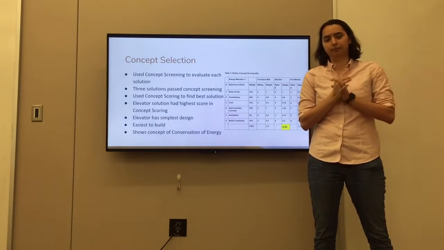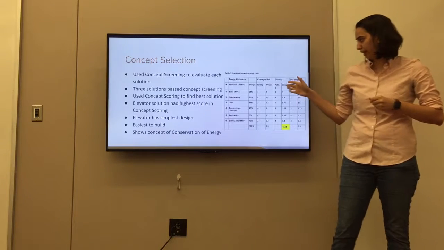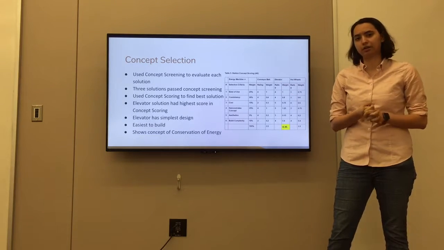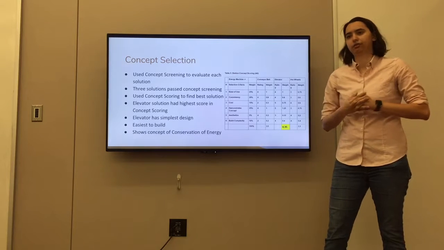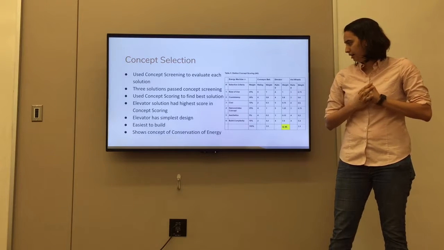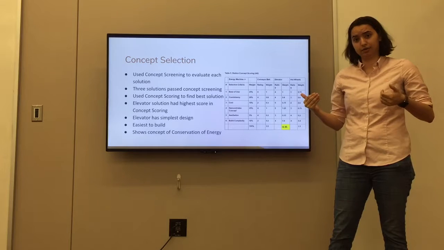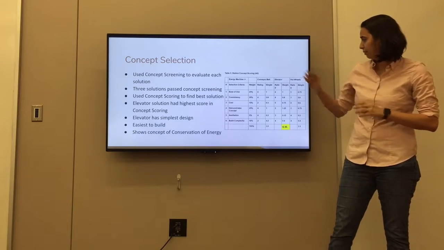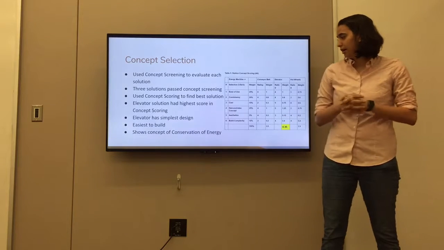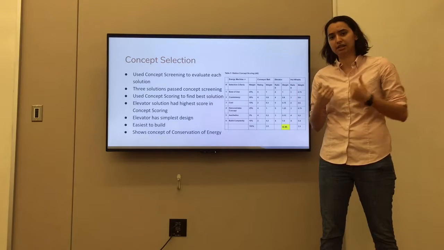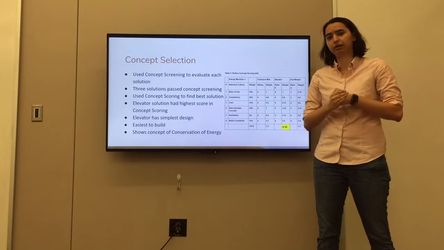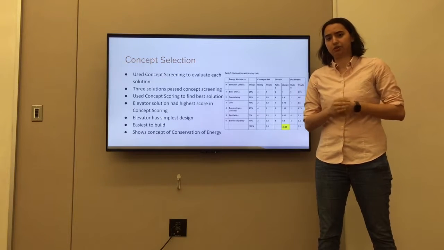We then did the concept scoring as shown here, and applied a weight to each of the selection criteria that was identified through the customer needs. The one with the highest score was the product that we were going to create, which ended up being the elevator solution. The elevator solution turned out to be the easiest to build, very simple, and very clearly showed the conservation of energy.